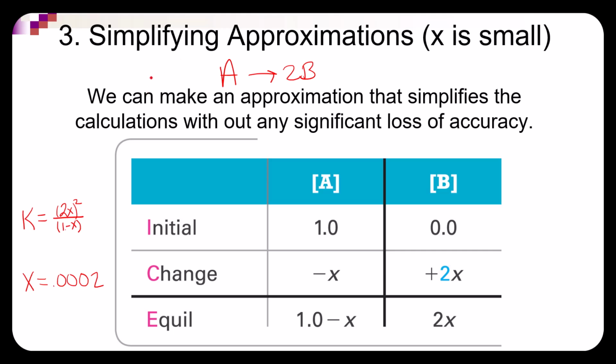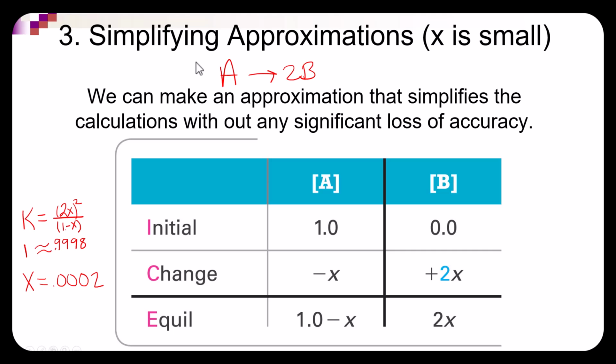So if I did 1 minus 0.0002, that would be 0.9998. Is there really a difference between the number 1 and the number 0.9998? I don't think there is, right?